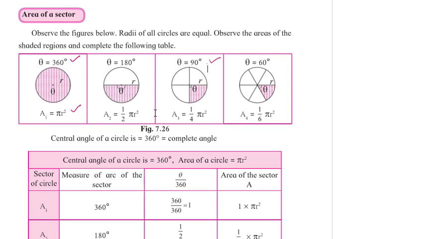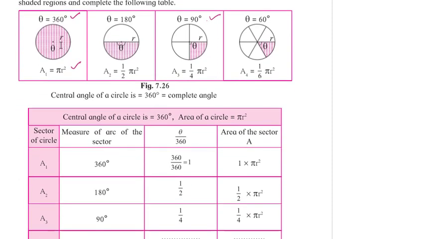Now if I put this information in a chart, when the angle at the center was 360, I got area pi r square. Now theta upon 360, the angle divided by the complete circle angle 360: in the first case I get 1.